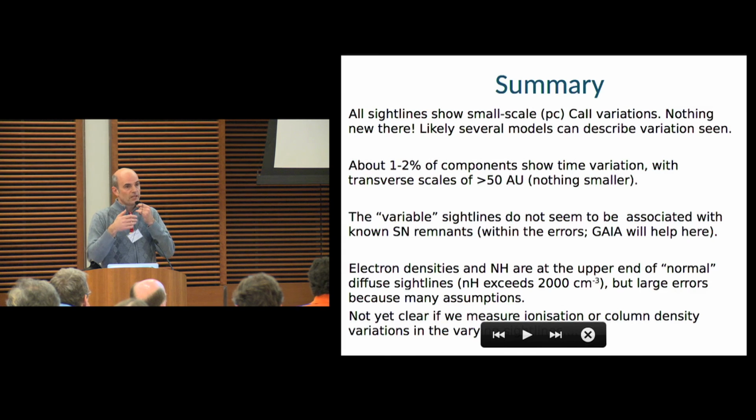Obviously, that 50 AU is an upper limit because the source that's moving can be anywhere between you and the actual cloud. And the electron densities, as I said, derived from the calcium 1 to calcium 2 ratios, imply column densities of a few thousand. But as I've explained, this is quite borderline.